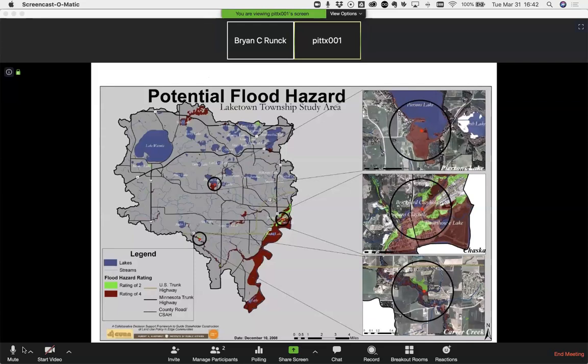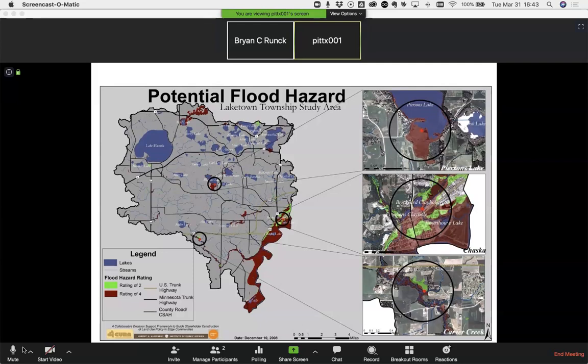Flood hazard is essentially a process of identifying the FEMA 100-year flood zones within the landscape and identifying the hazard rating of these different flood zones.